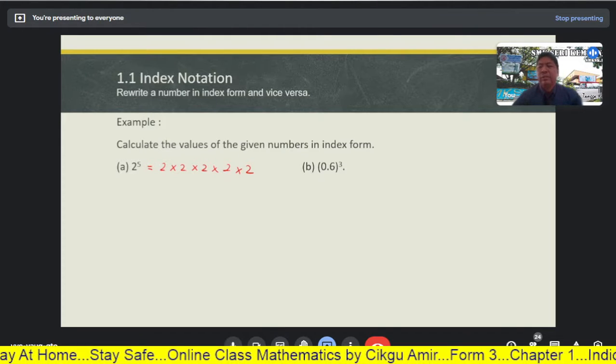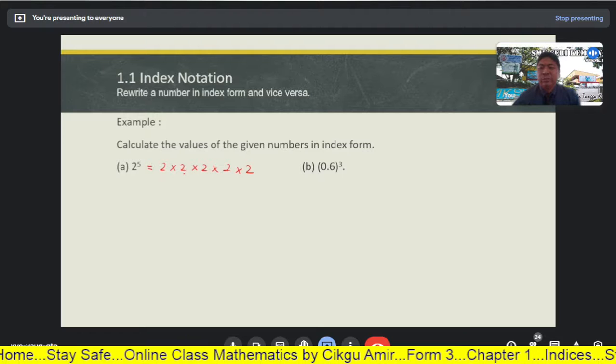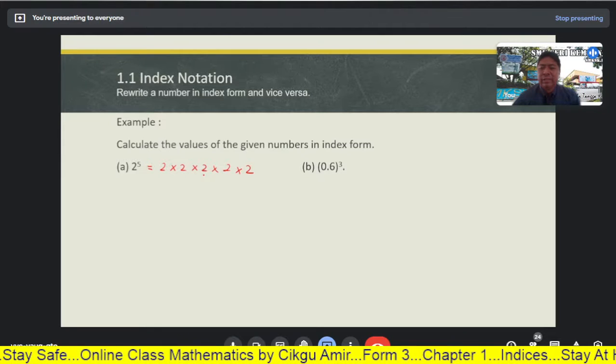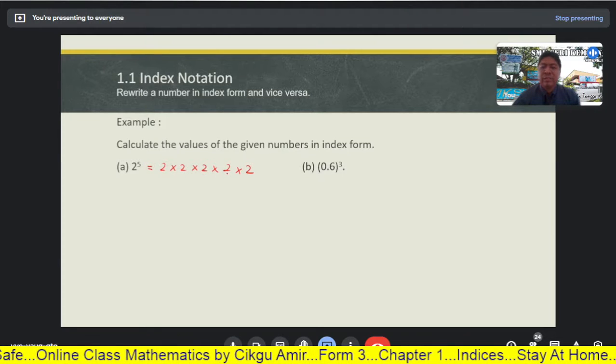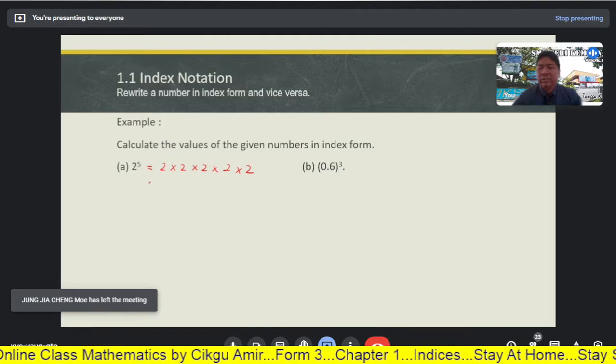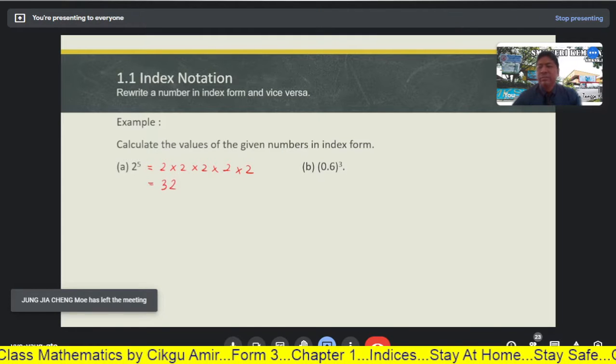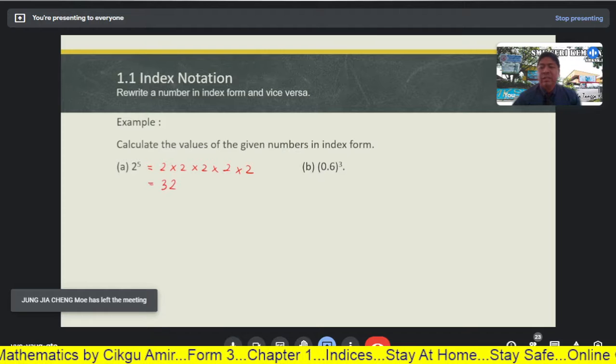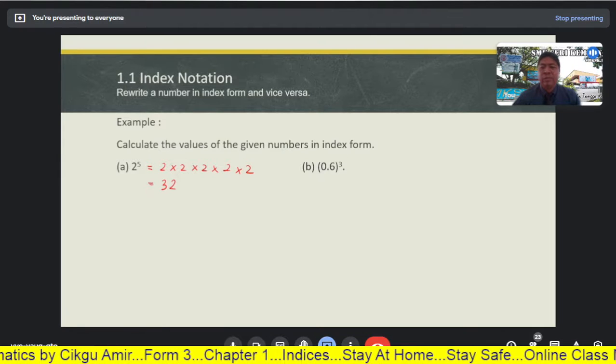You get 2 multiplied by 2 is 4, 4 multiplied by 2 is 8, 8 multiplied by 2 is 16, 16 multiplied by 2 is 32. This is how to calculate the value of index form.